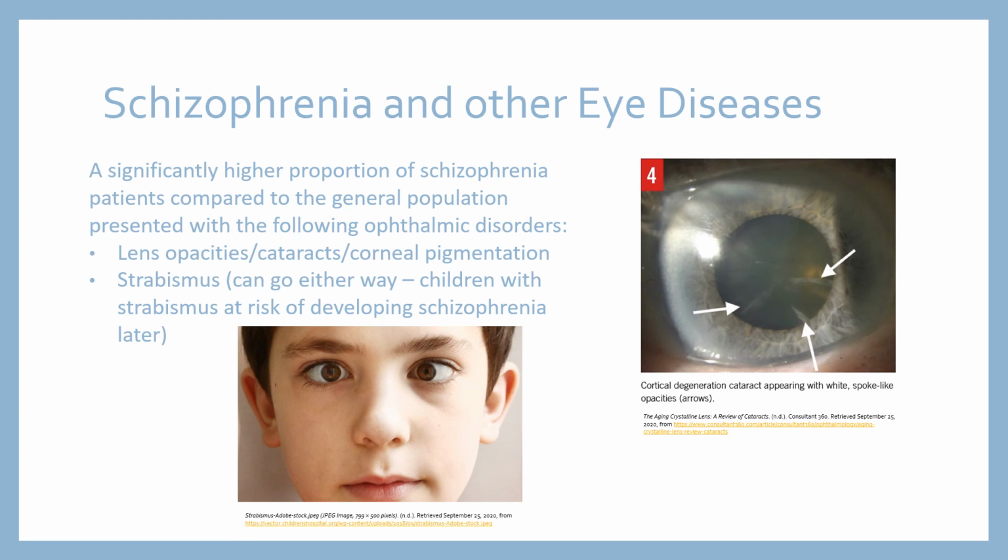And the second point is the relations with strabismus. Children with strabismus, which is a misalignment of the eyes, they can develop schizophrenia later. And also those with schizophrenia are also at a higher risk of developing strabismus.